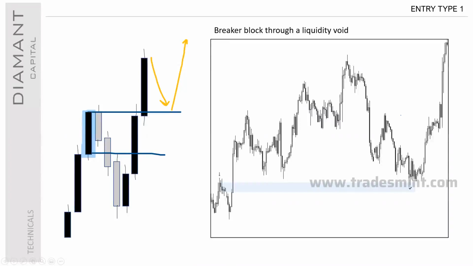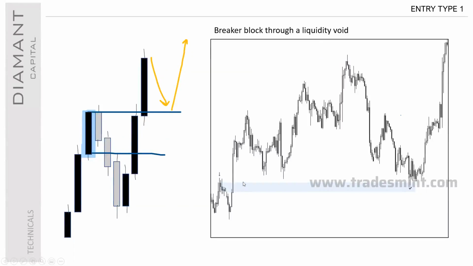We're going to get more into liquidity voids, but to explain it simply, it's a place where there's unbalanced movement. So you see here how we're going up and we're going down, up, down, up, down. We're seeing black and gray candles, but with a liquidity void or an imbalance, it's what you would say is unhealthy price action.